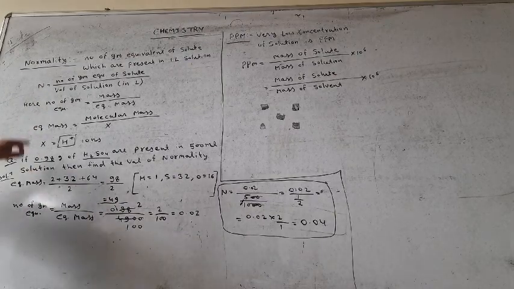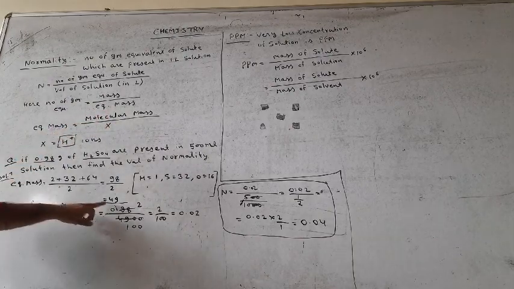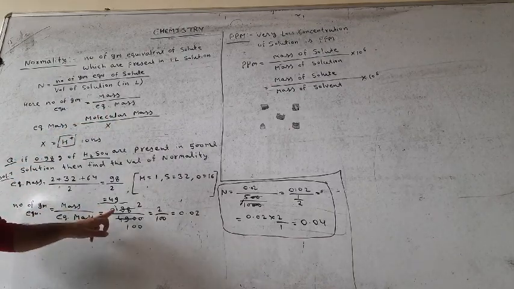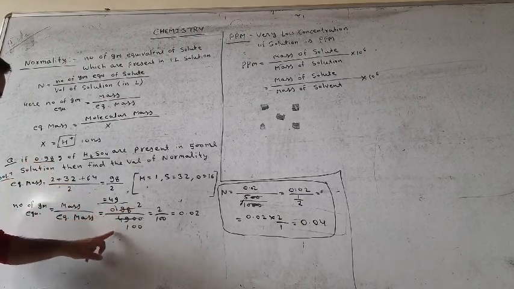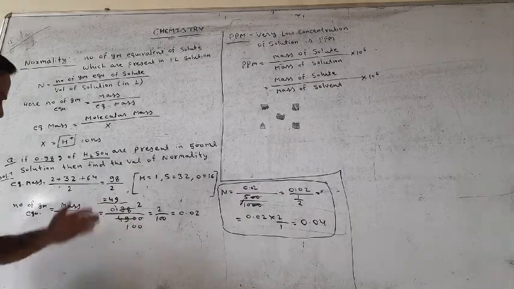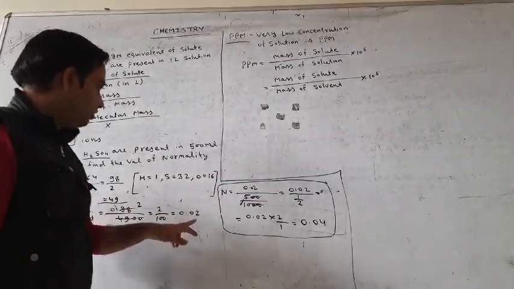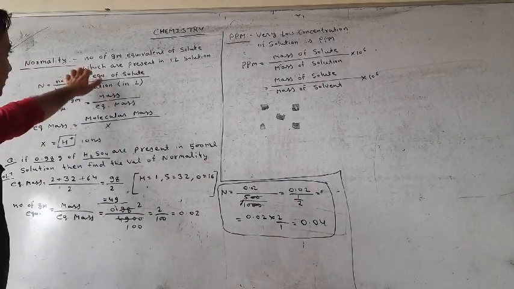Now we calculate the number of gram equivalents, mass upon equivalent mass. What is the equivalent mass? 49. What is mass? Mass is given as 0.98. 0.98 upon 49, if we calculate it, we get 0.02. Now, with the help of the number of gram equivalents, we put these values here.